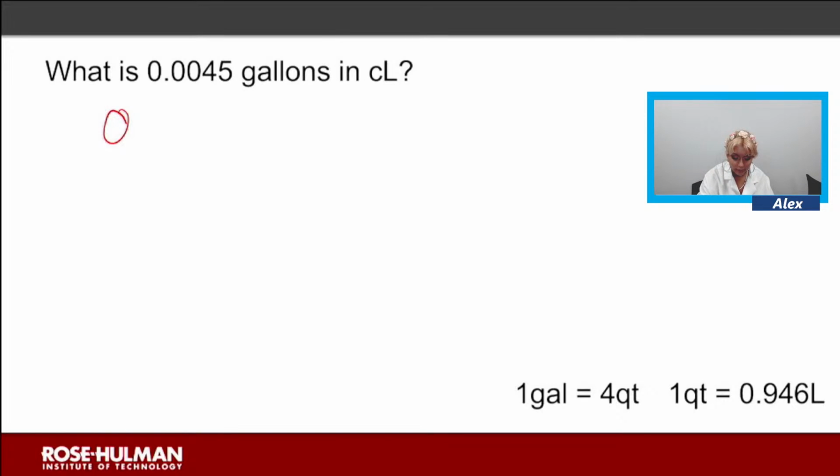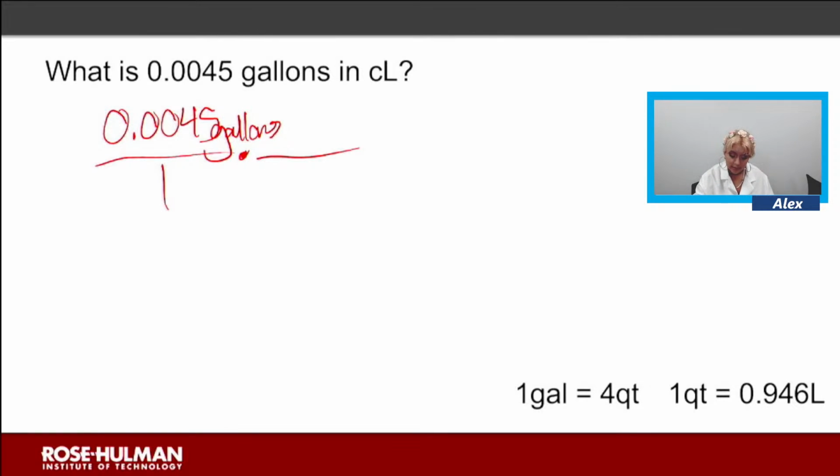So we have 0.045 gallons over 1, and we're just going to approach this like we have been all of the examples so far. We're going to get rid of our gallons. For every gallon, there are 4 quarts.